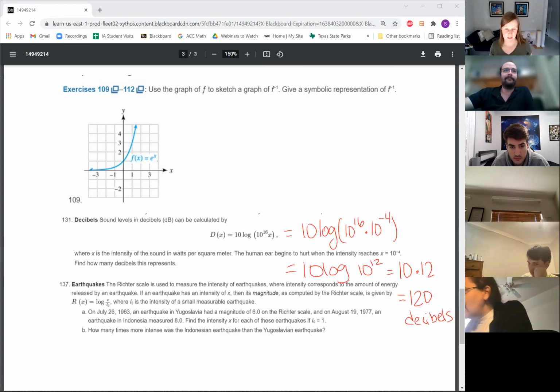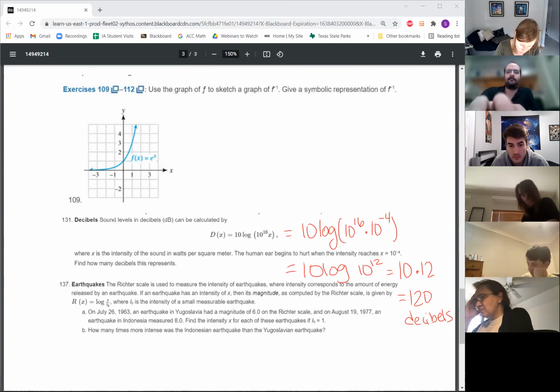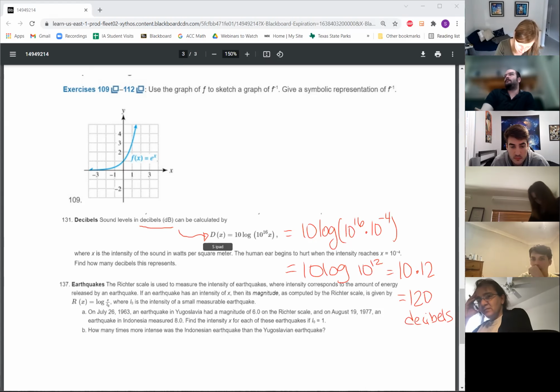All right. Now, if it didn't tell you x equals, which is a dead giveaway, then on your test you really got to pay attention to what it says each thing is. In this case, the decibels is this part, and x is the intensity.